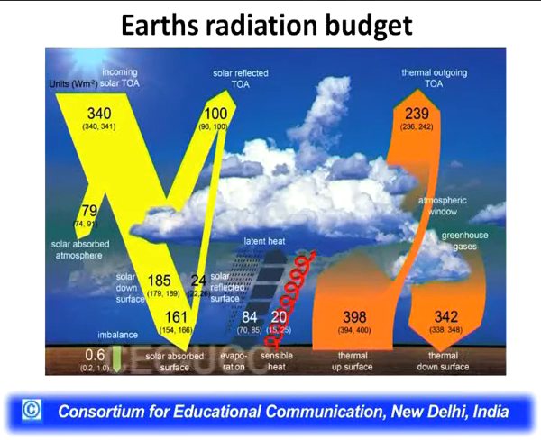Here I must say this is mostly absorbed by the smaller molecules like oxygen, ozone, etc. And now the remaining 185 passes through the atmosphere and might reach the Earth's surface. But what happens, out of that 185, only 161 watts per square meter is able to successfully reach the Earth's surface. 24 directly goes back after getting reflected by the Earth's surface.